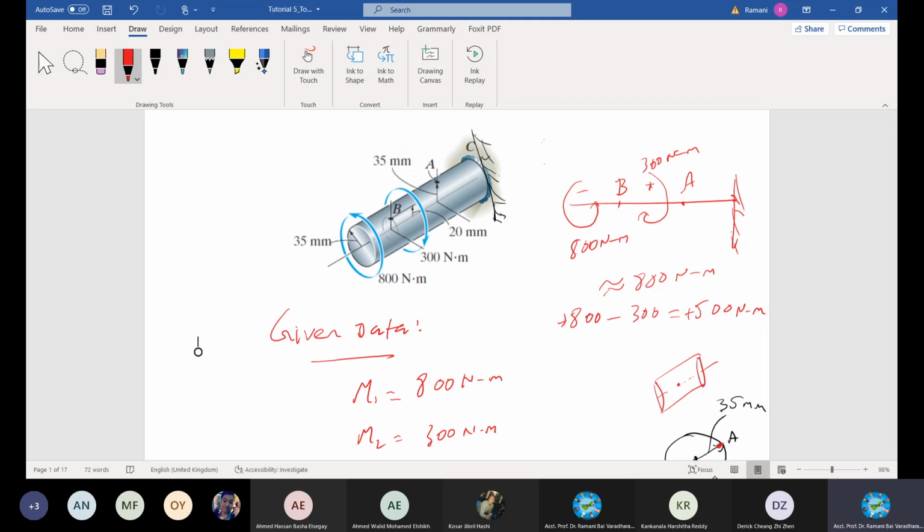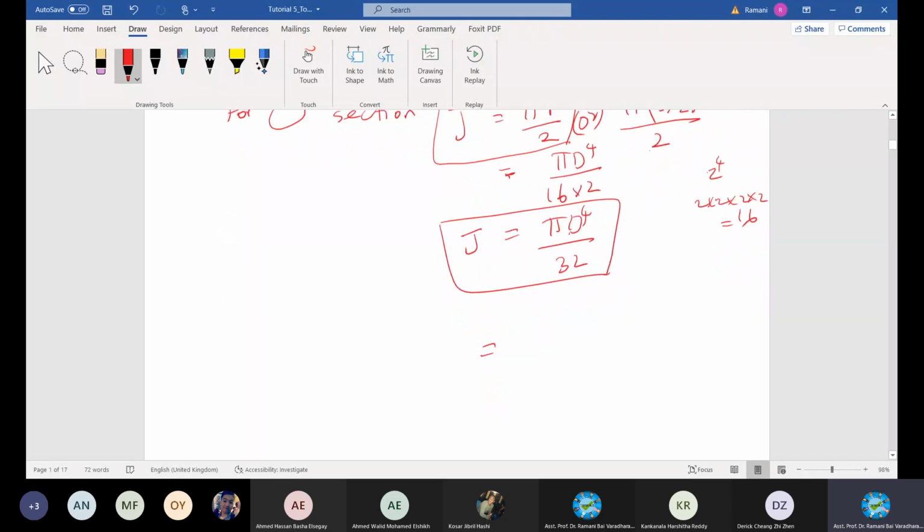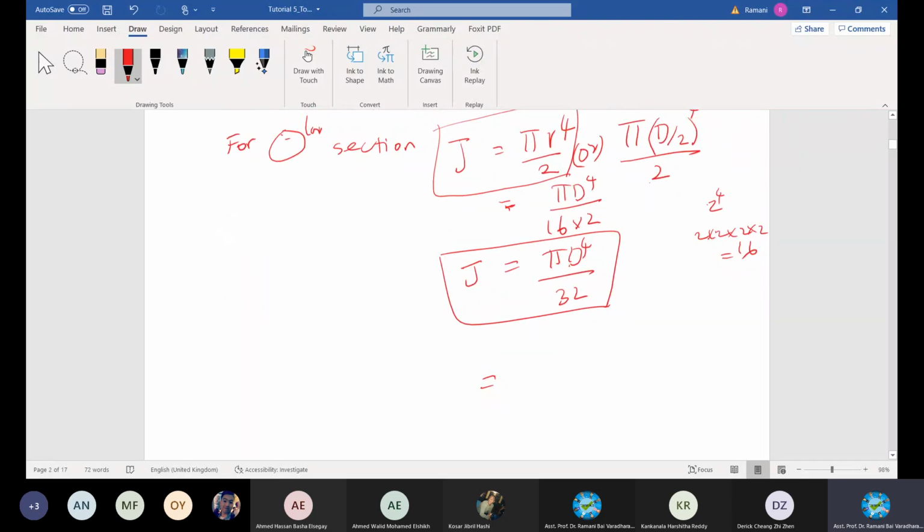And point B is just away from the end of the member, after 800 Newton meter is applied. In this case, solution number one will be torsion at B. It's easier to calculate.